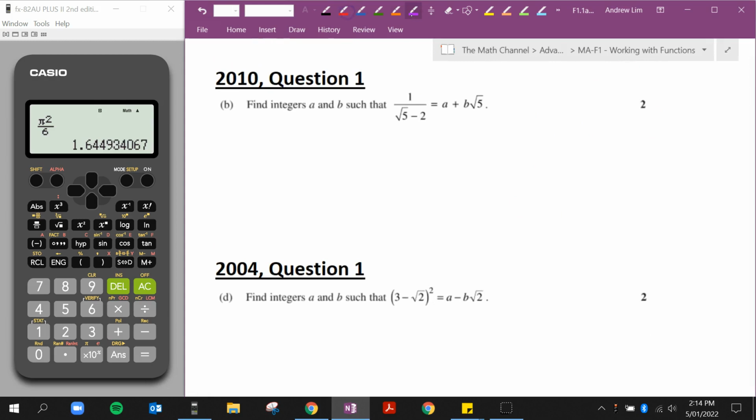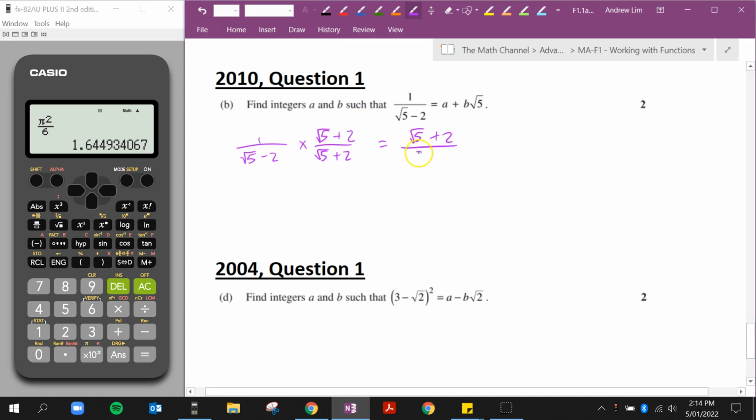Alright, question 1b of the 2010 paper. Find integers a and b such that 1 over root 5 minus 2 is equal to a plus b root 5. So let's rationalize this denominator. That's going to give me root 5 plus 2.